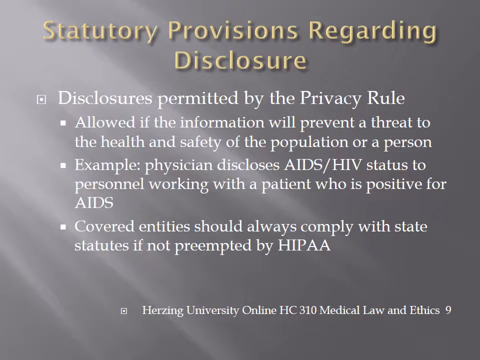As an example, a physician may disclose AIDS HIV status of a patient to personnel who would be working with the patient on an invasive procedure where they may be exposed to bodily fluids. Covered entities should always comply with state statutes if not preempted by HIPAA.